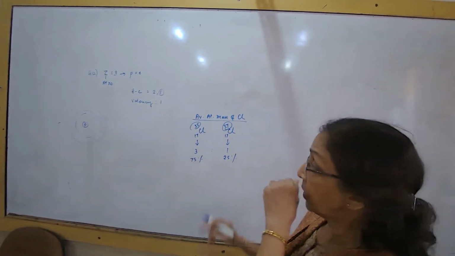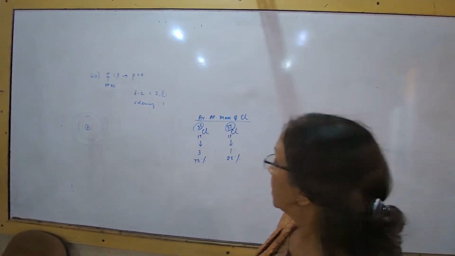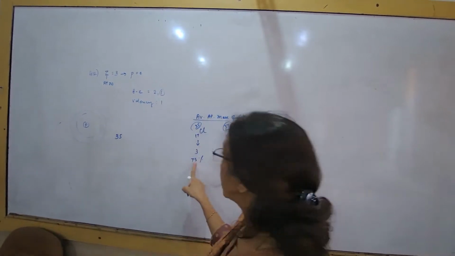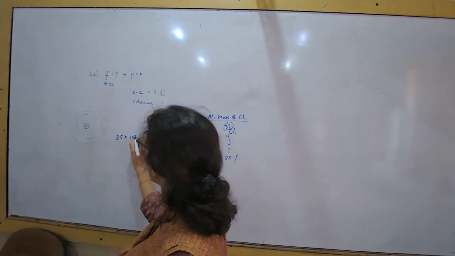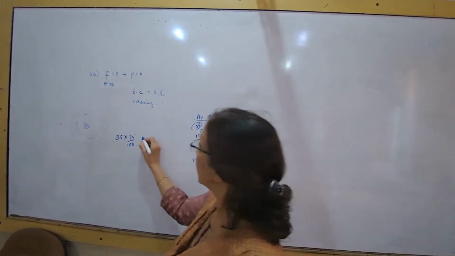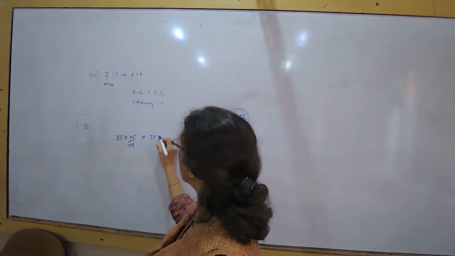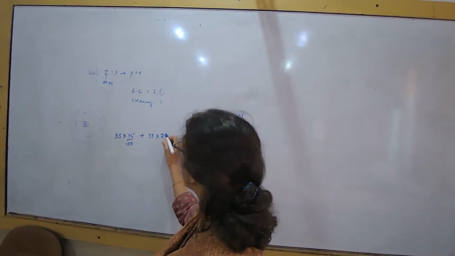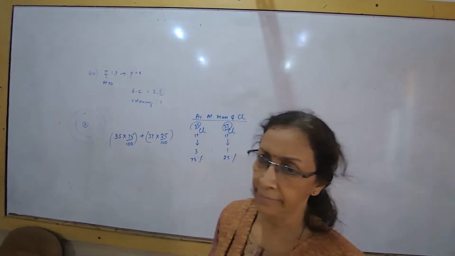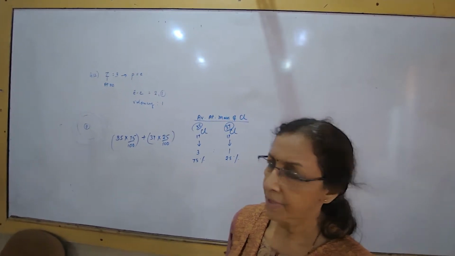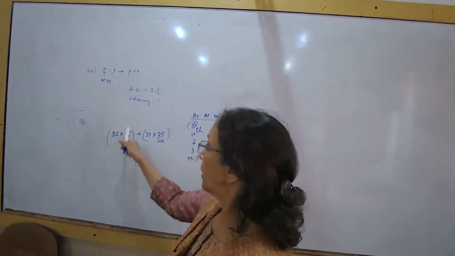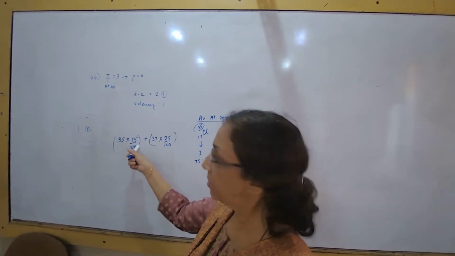So if you want to find out the average atomic mass, what do you do? 35 times 75 upon 100, and plus, we are going to add 37 times 25 by 100. So if you calculate this, what is the answer that you will get? 35 divided by 100 is 3/4 and this is 1/4.